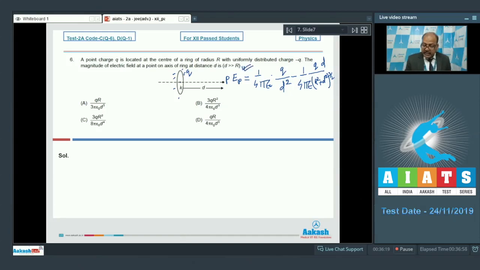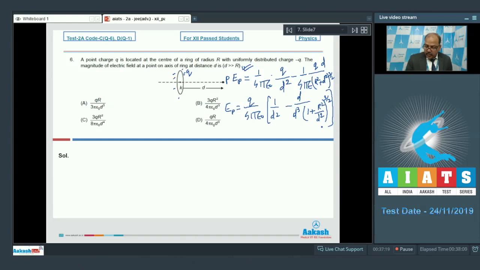Now we will use the condition that's been given, that D is much larger than R. This will give us the electric field at point P is equal to Q by 4 pi epsilon naught into 1 by D square. Here we can take D as a factor. In the numerator we have D here, but if we take D as a factor outside, that means we'll have here D cubed, D square to the power 3 by 2 is D cubed, into 1 plus R square by D square to the power 3 by 2.